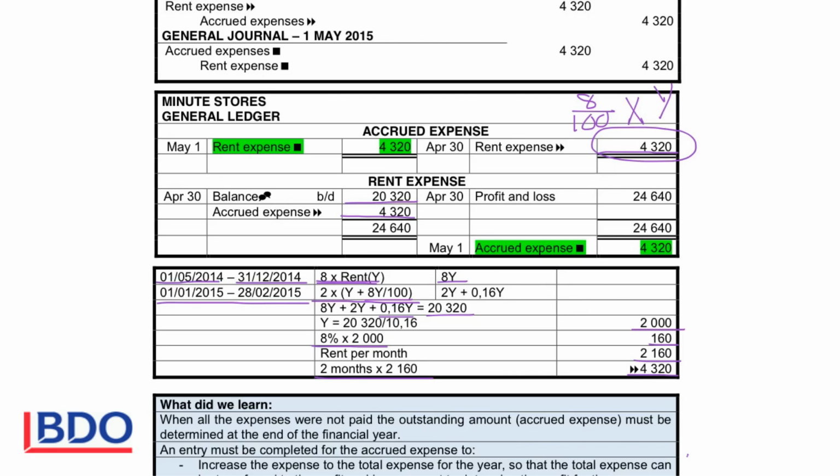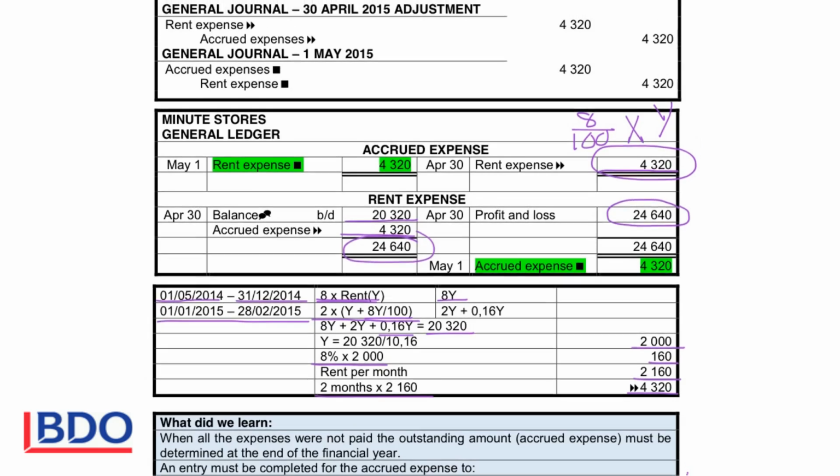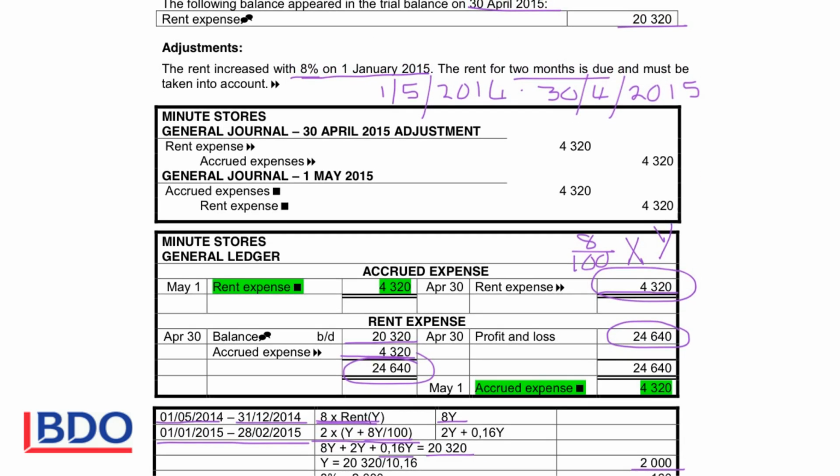Then the total amount, the 20,320 plus the 4,320, if we paid everything and there was no accrued amount, the total amount would have been 24,640. The figure that we take to our profit and loss must always equal the total amount that we have to pay for the year.